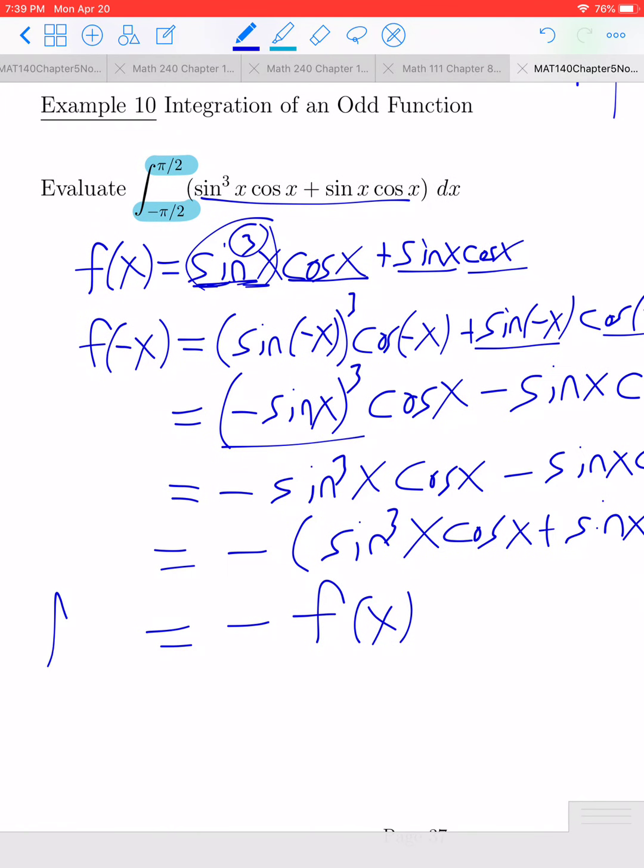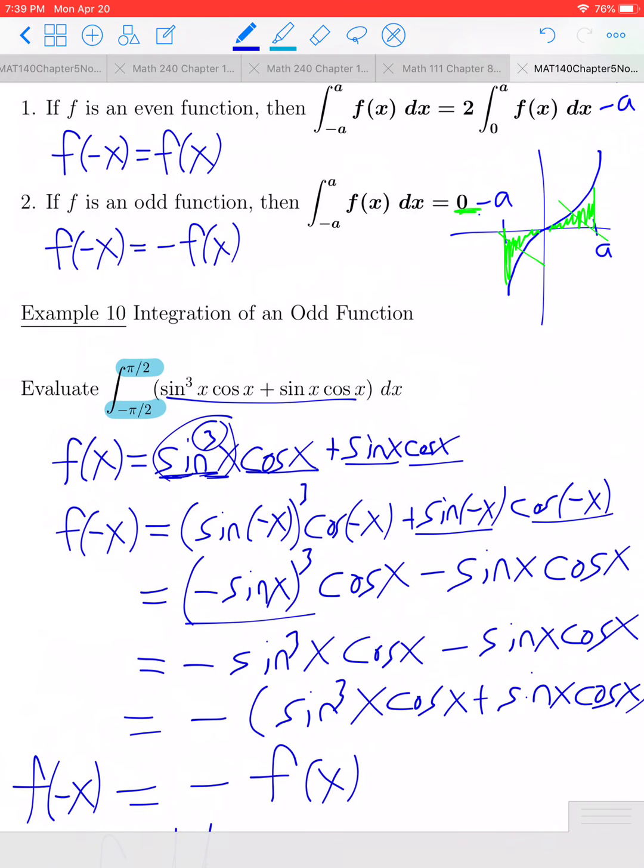So we've shown that f of negative x is equal to the negative f of x, and that proves that f is odd. Therefore, using the previous theorem, if we're integrating an odd function over a symmetric interval, which we are, this result would be equal to 0.